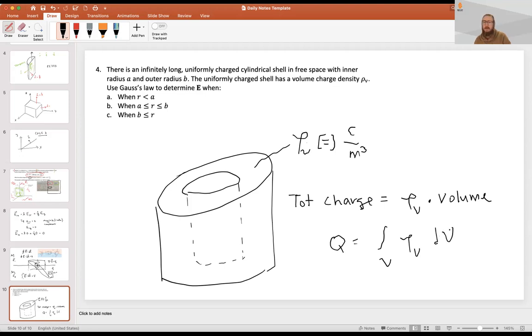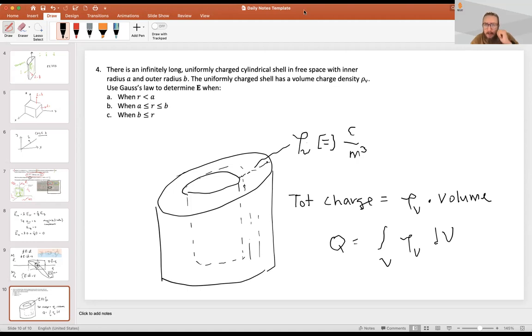Does that follow? Yeah. Basically, if you want to know the total amount of charge in a volume, look at every little point in the volume and just add it all up. That's what the triple integral does. It says first add it all up along this direction, then along this direction, then along this direction, and pretty soon you'll have the total charge.